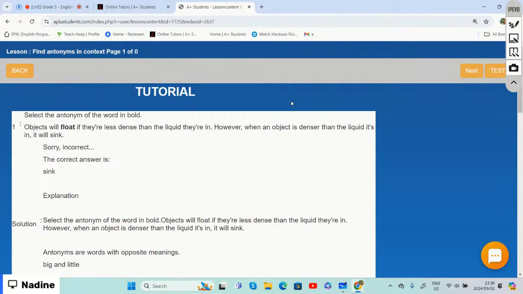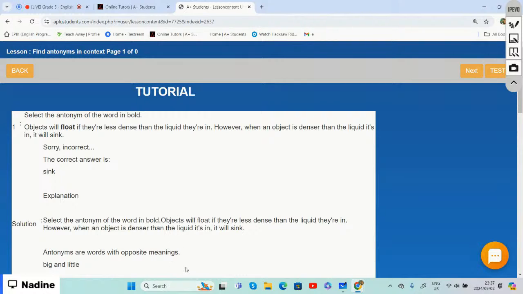So we need to find the word that is the opposite of float. And we will find it within the second sentence. It says, objects will float if they're less dense than the liquid they're in.